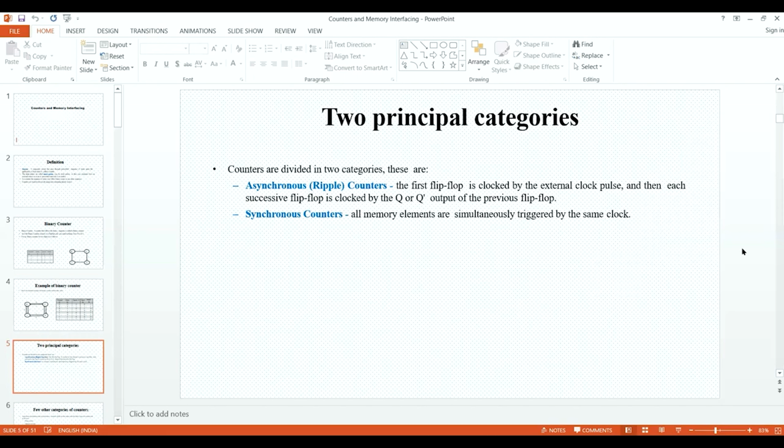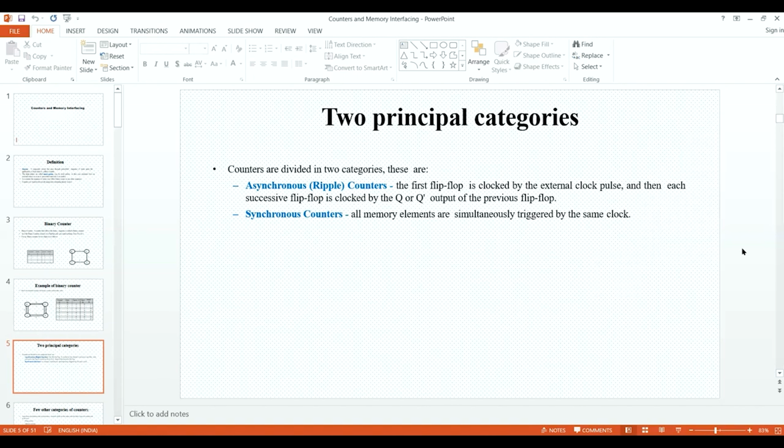Now you can see that in asynchronous counters, the clock won't be the same for every flip-flop. I'm just giving you an overview. I'm not going into detail on the whiteboard or other classroom techniques. But yes, you can write in the comment box if you have any query or something is not clear from the video.